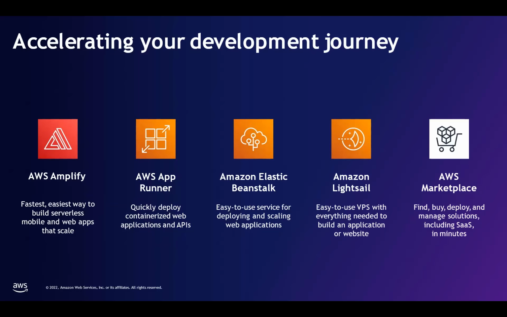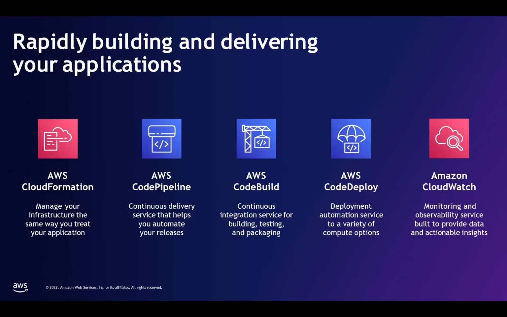These services accelerate building applications by handling all the infrastructure, so developers can just focus on the code, while the infrastructure and front end are handled by these services and tools, rapidly building and developing your applications.